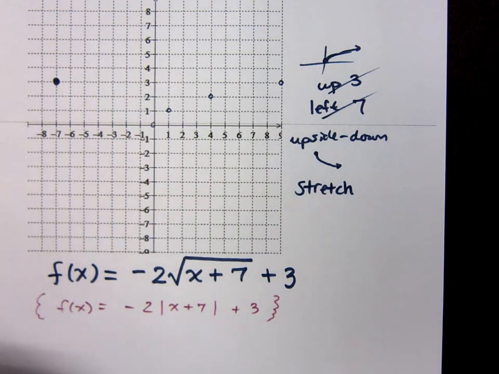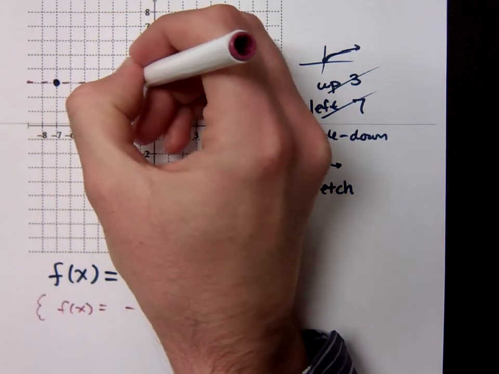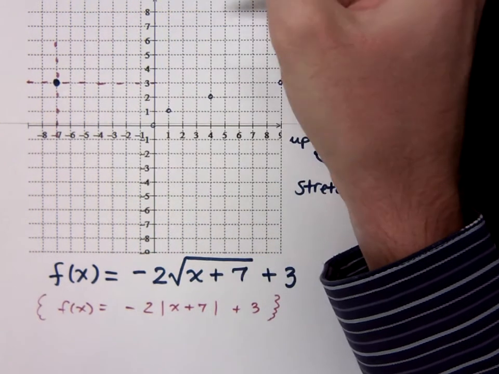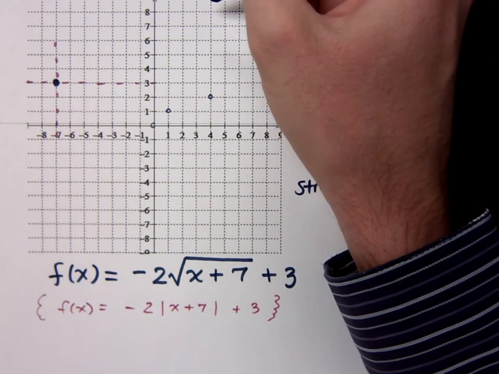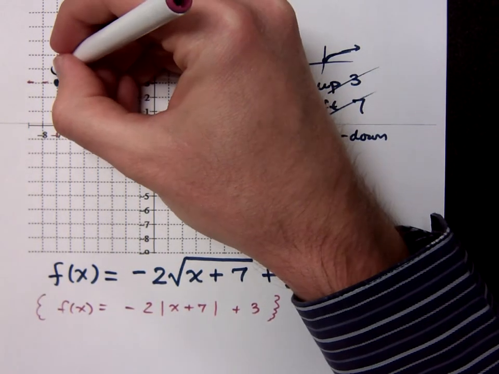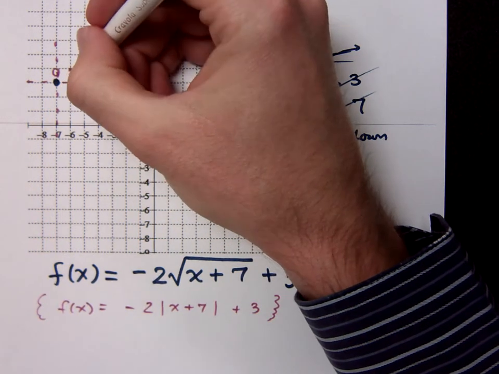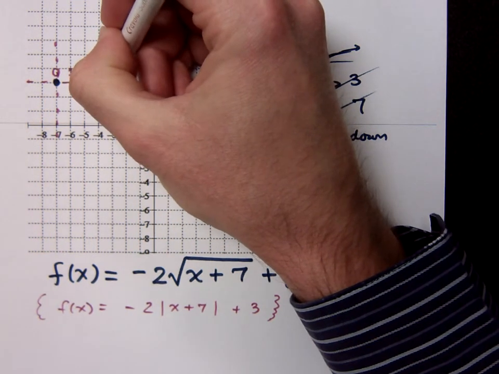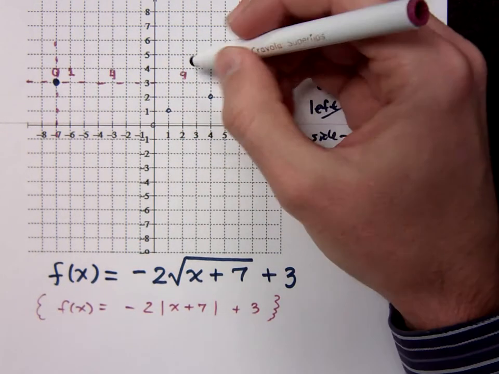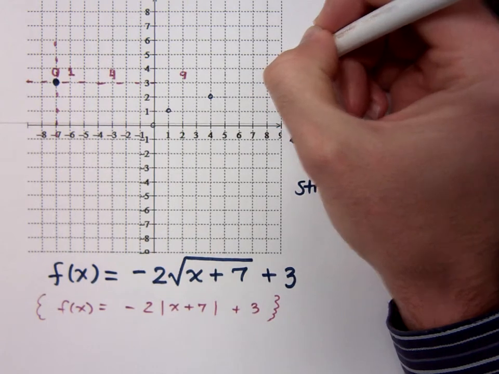When we were doing these back in the day, remember how we would do this? As though that were my new origin. Remember that? So you have to know your key points. Your key points are not 0, 1, 2, 3, 4. Your key points are 0, 1, because that's a perfect square, right? 4, 9, 16.